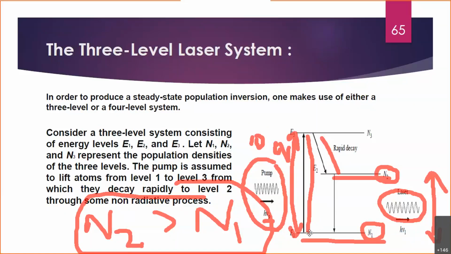You are supplying maximum energy so that it can directly reach level number 3. There, since the lifetime of that level is less, they cannot spend more time in level number 3, so they come down to level number 2. There the lifetime is large, which means they can stay for more time in level 2. That's how level 2 has more particles compared to level 1.